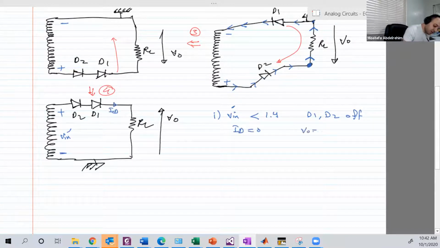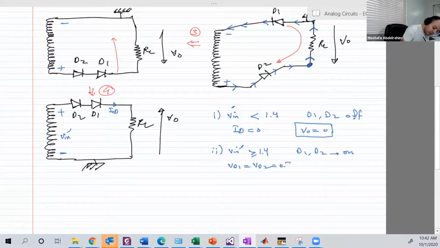So VO is 0. Second case, when V in dash is larger than or equal to 1.4, D1 and D2 are on. So VD1 equals VD2 equals 0.7. So VO equals, let's do Kirchhoff again.